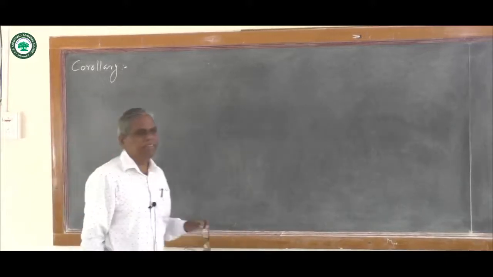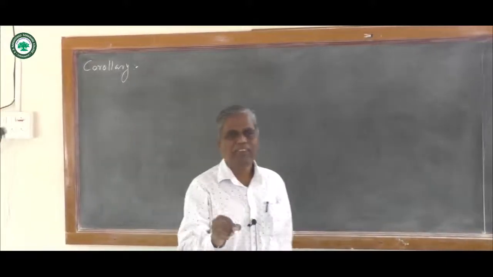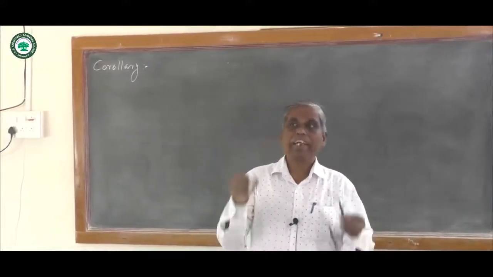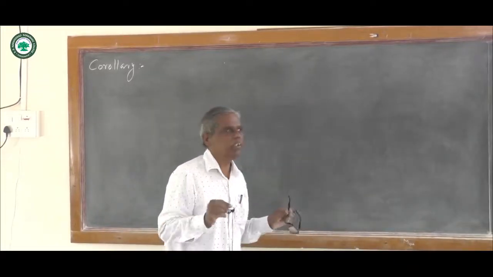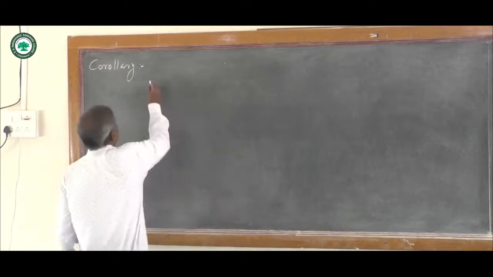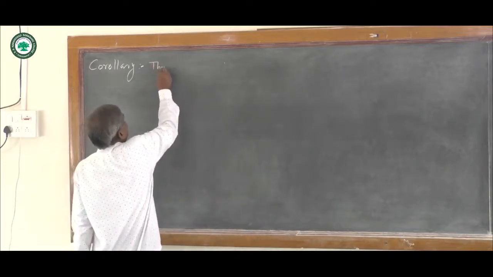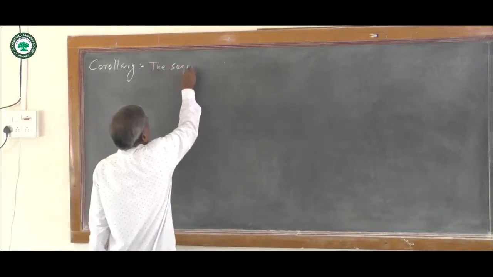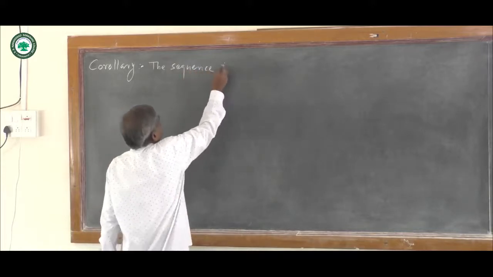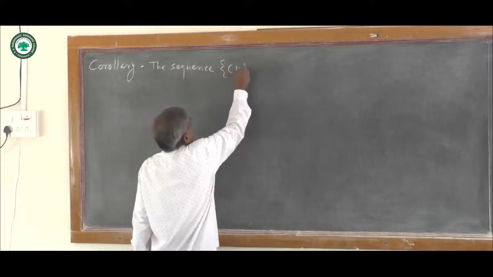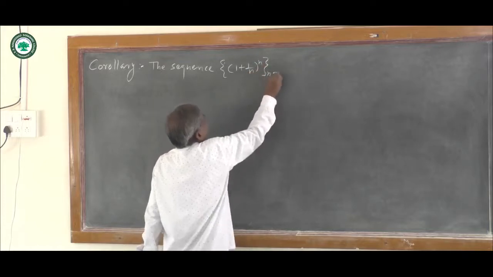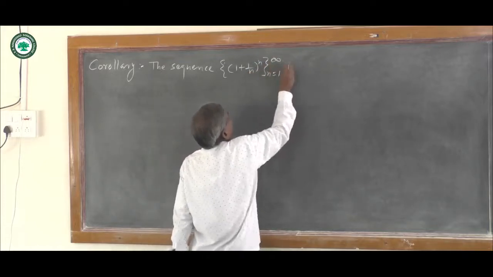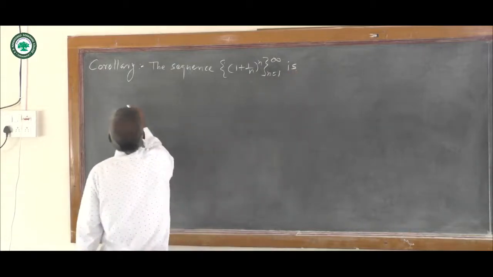The sequence (1 plus 1 upon n) raised to n, n is equal to 1 to infinity, is convergent.